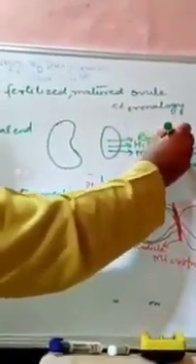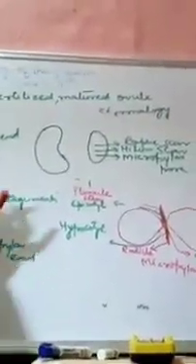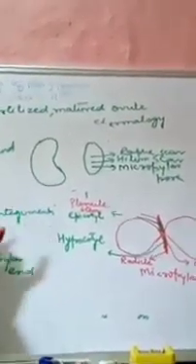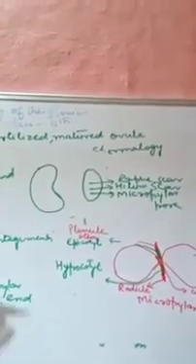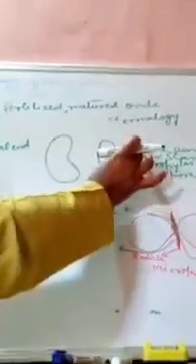All of them are found in sequence: micropylar pore, then hilum scar, then raphe.